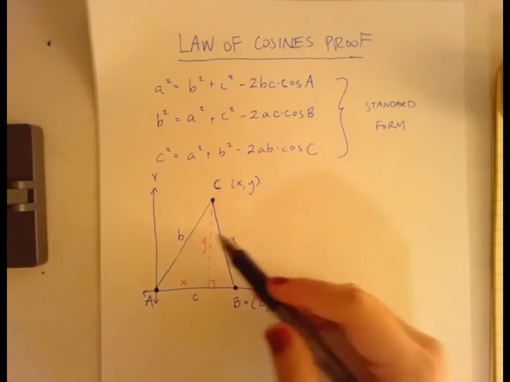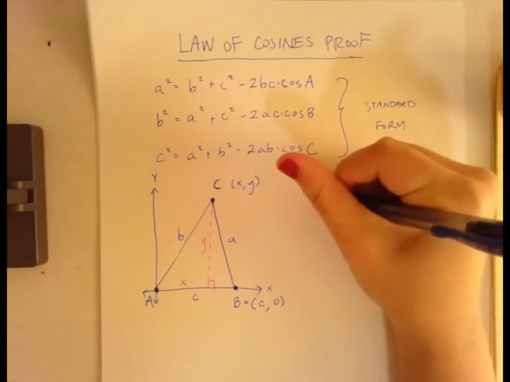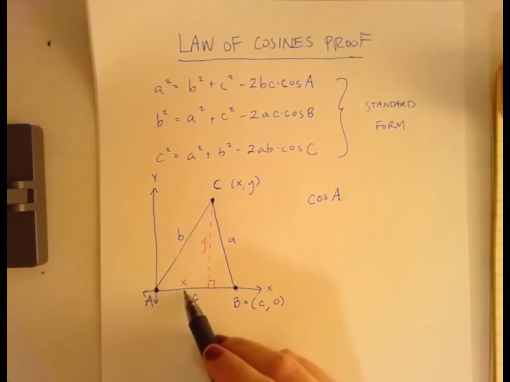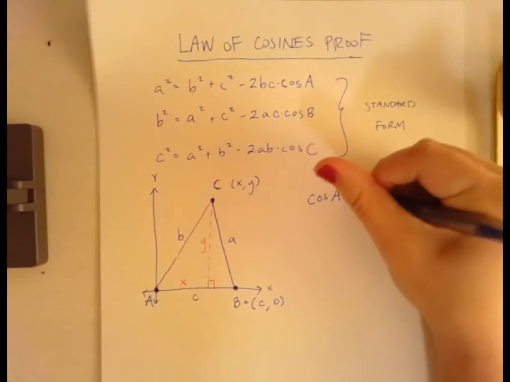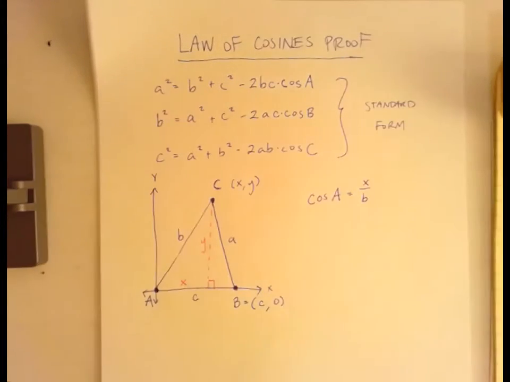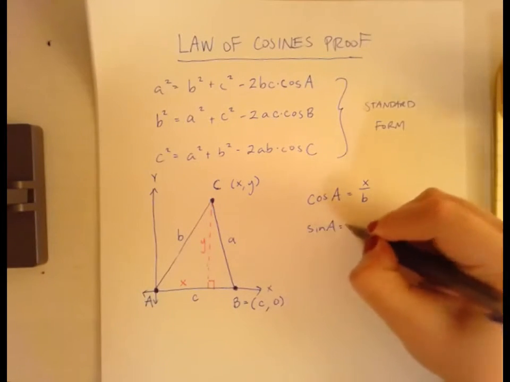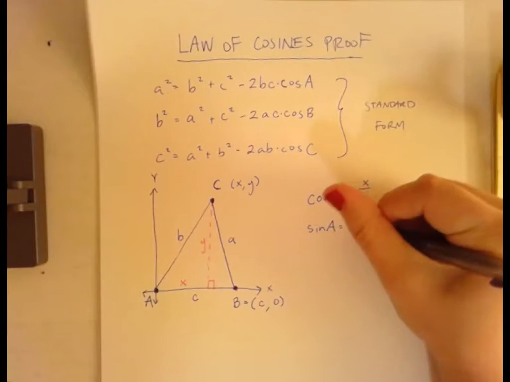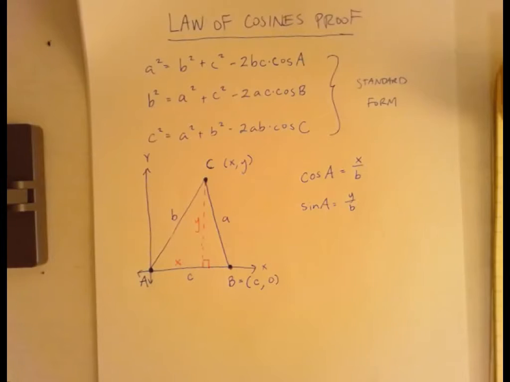And so from this triangle we've created, we can identify a few things. The first being cosine of A. It's fair to say that cosine of angle A, given this right triangle right here, is adjacent x over hypotenuse B, x over B. It's also fair to say that sine of A is opposite y over hypotenuse B. Now from both of these equations, what I can do is solve for x and for y.